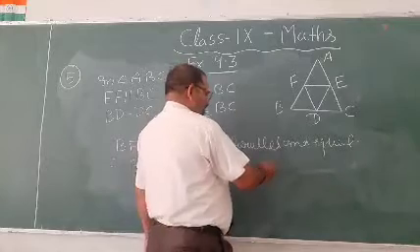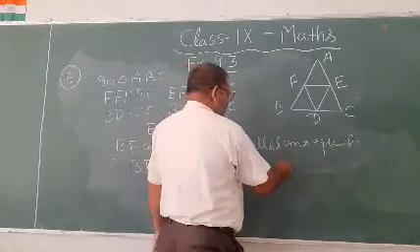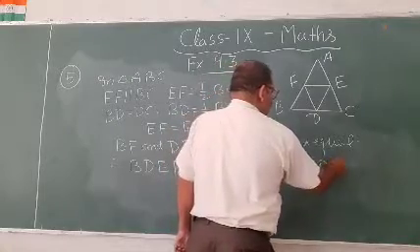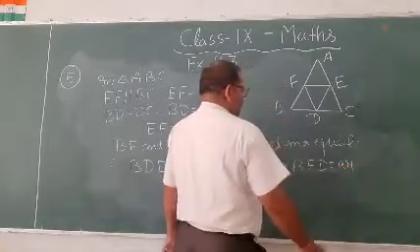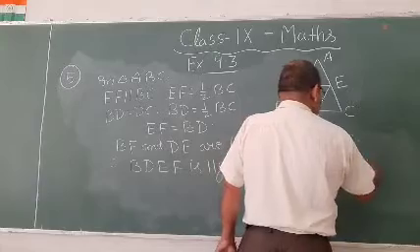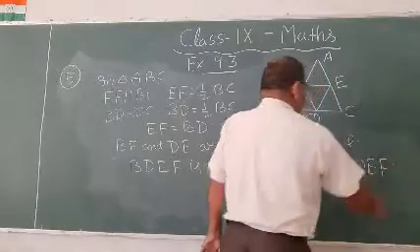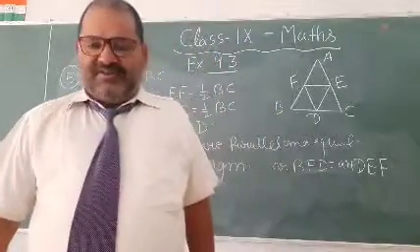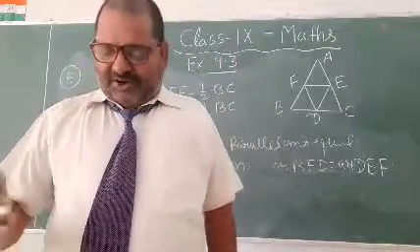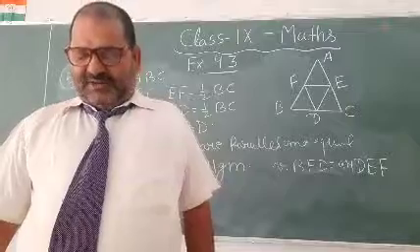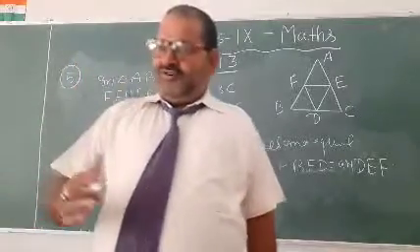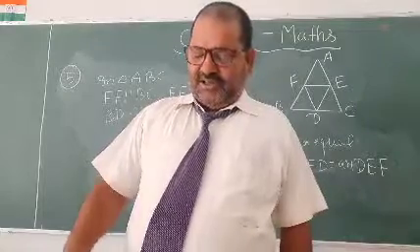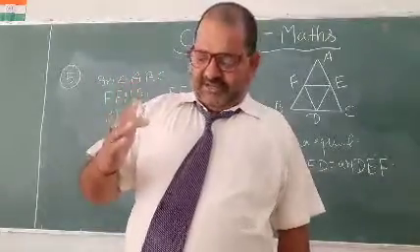The area of BFD equals the area of DEF, and the area of AFE equals the area of DEF. Now the area of CDE equals the area of DEF.